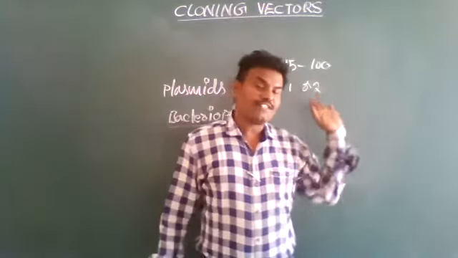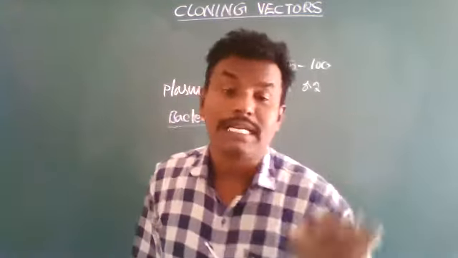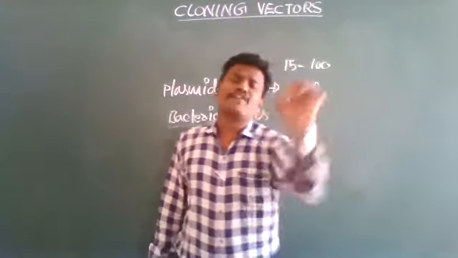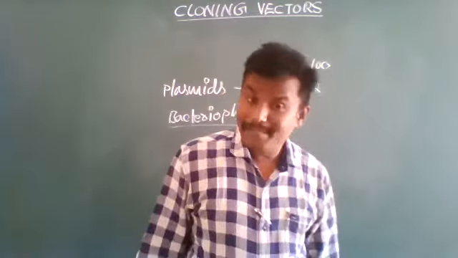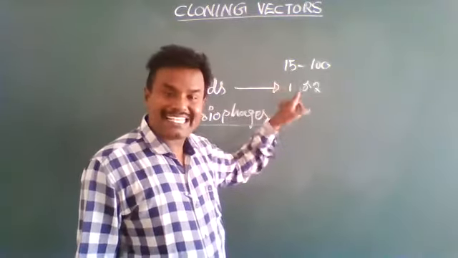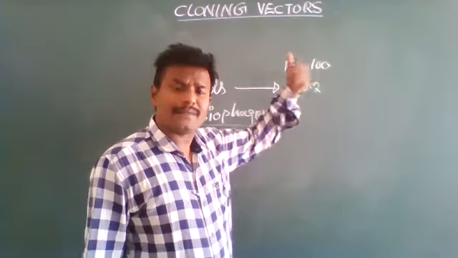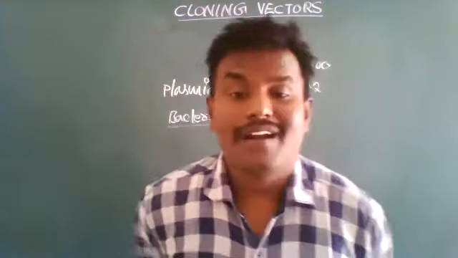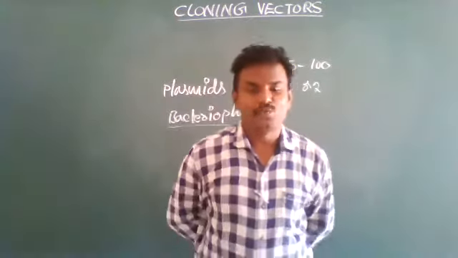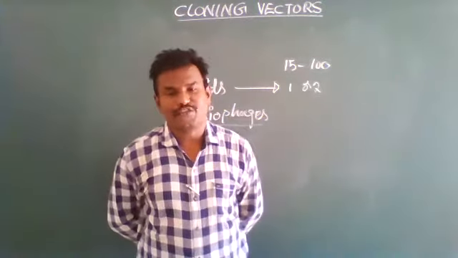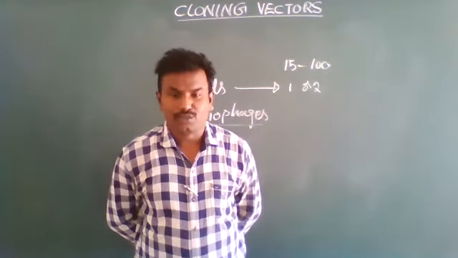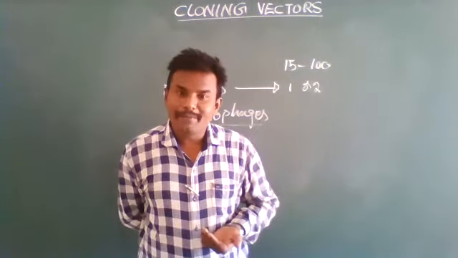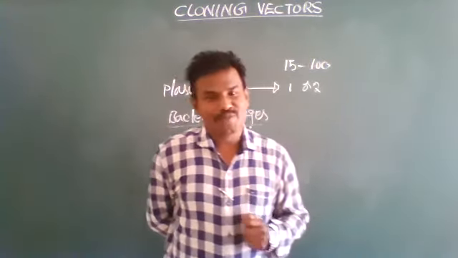So the difference between plasmids and bacteriophages: bacteriophages contain many copies of genes per cell, but some plasmids contain one or two per cell, and other kinds of plasmids contain 15 to 100 genes per cell. Those gene numbers can be multiplied using a suitable host.